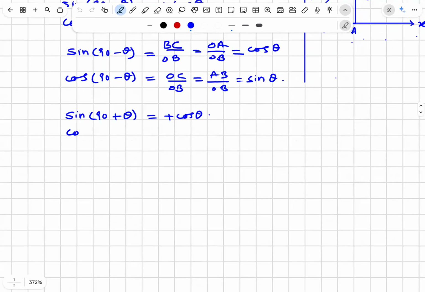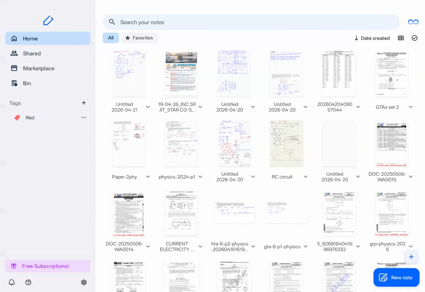Whereas cos 90 plus theta is minus sin theta. You moved to the second quadrant. In the second quadrant, only sin term will be positive.